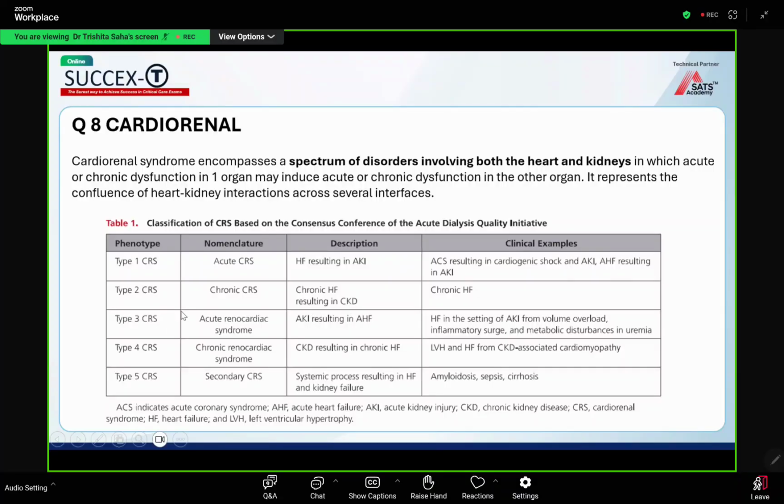Type 3 is acute again, acute kidney injury resulting in acute heart failure. Then type 4 is the chronic renocardiac syndrome, that is CKD resulting in chronic heart failure. And type 5 is the secondary CRS, where systemic processes result in heart failure. The systemic causes can be sepsis, amyloidosis, cirrhosis.